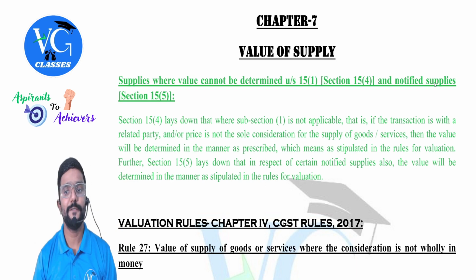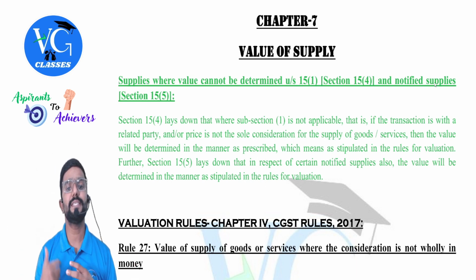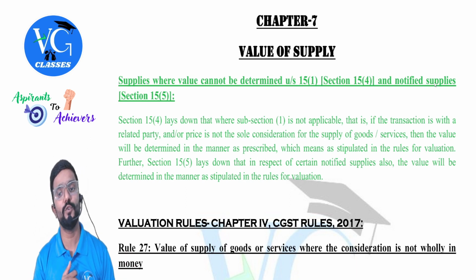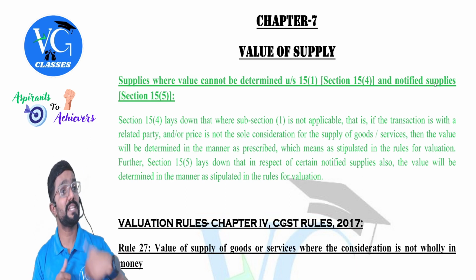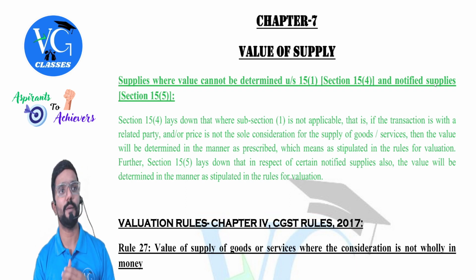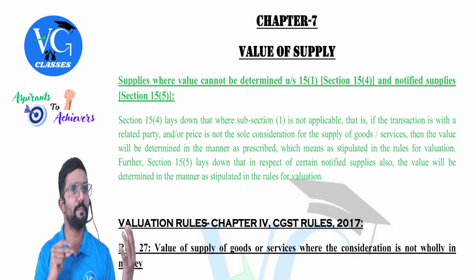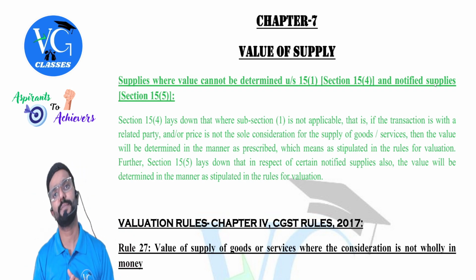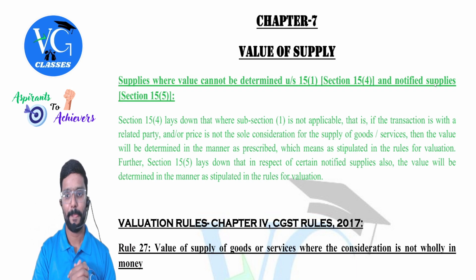That is, if the transaction is with a related party, that is, supplier and recipient are related persons, and or price is not the sole consideration for the supply of goods or services. For example, sir, there is an exchange: my old laptop has been exchanged for a new laptop by paying some amount. So there is an exchange value for my old laptop plus some consideration is paid.